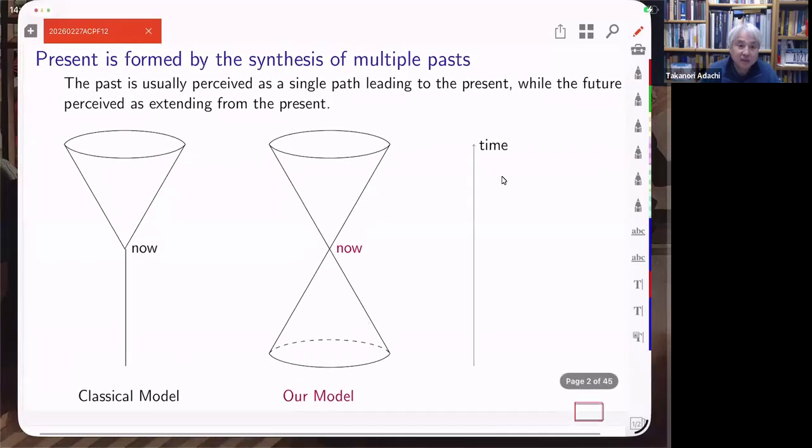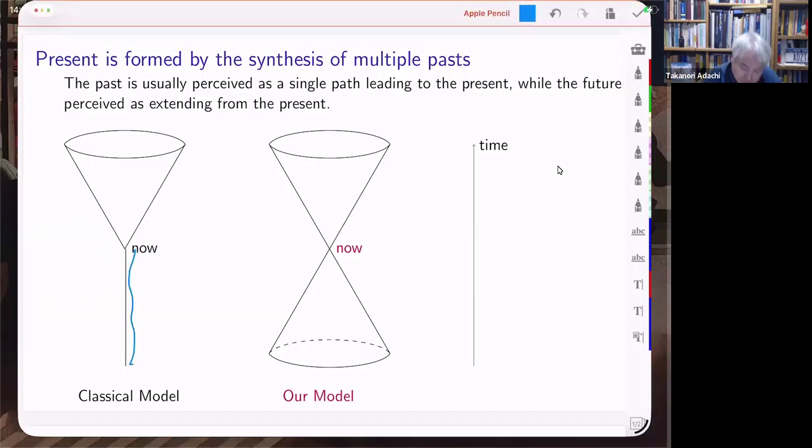Okay. Now, when we think about the past, when we look back at the past, we usually think about our past as starting from our birth point. This is a past toward the present. So there is some single path, just like this.